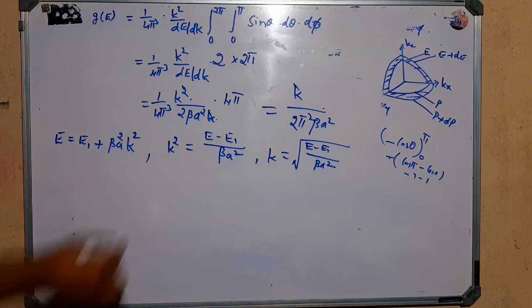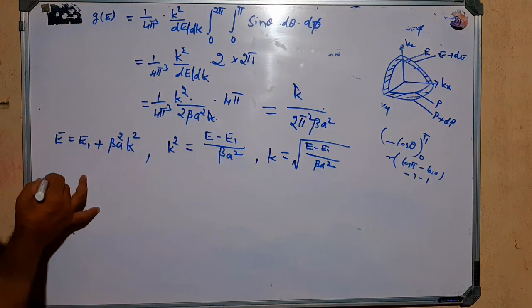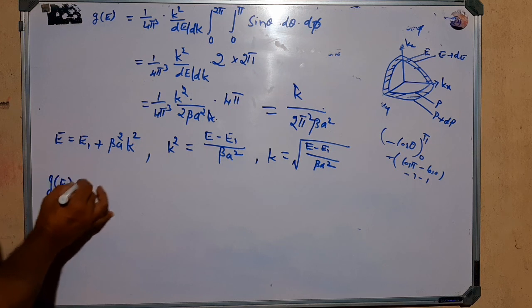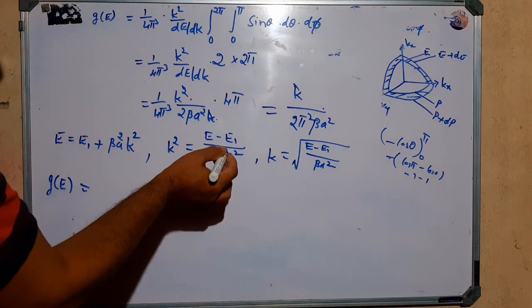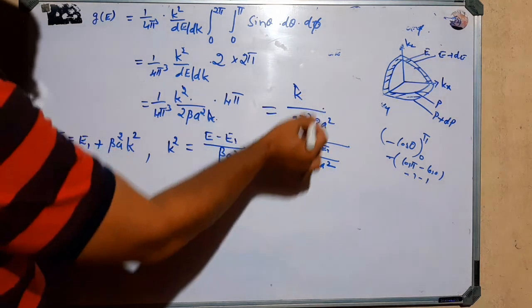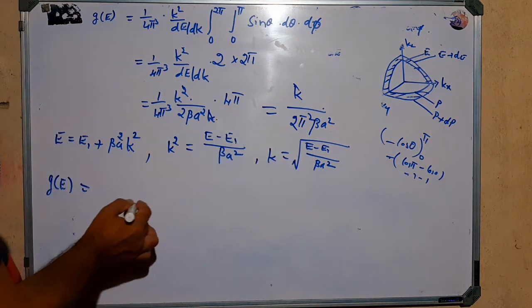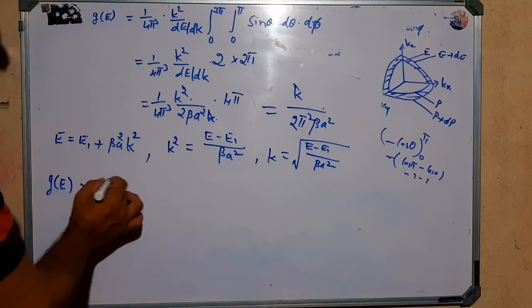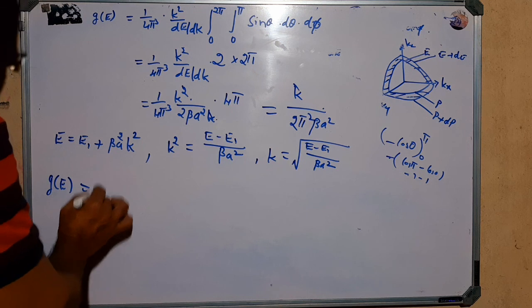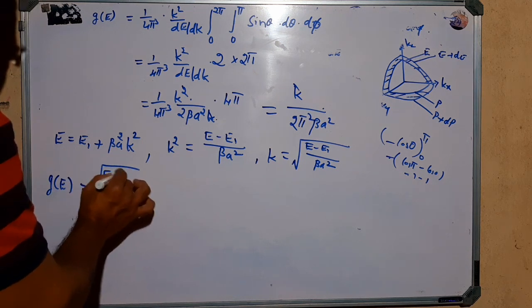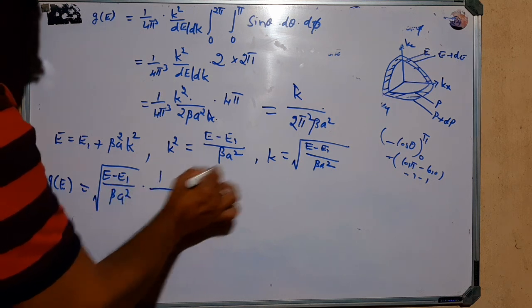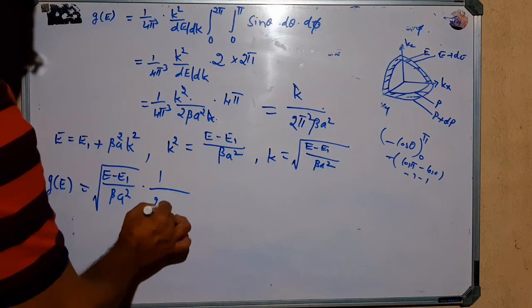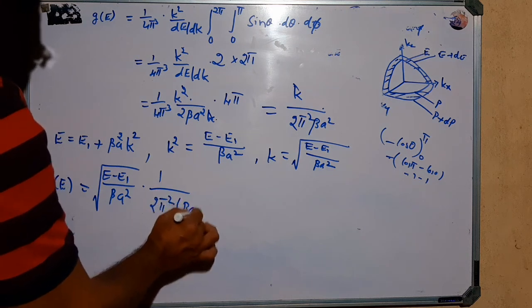So therefore substitute here, g of E is equal to, so in the place of this you have to substitute the k value. So what you are getting, I am writing this: square root of E minus E1 divided by beta a square, into 1 divided by the remaining terms, 2 pi square beta a square.